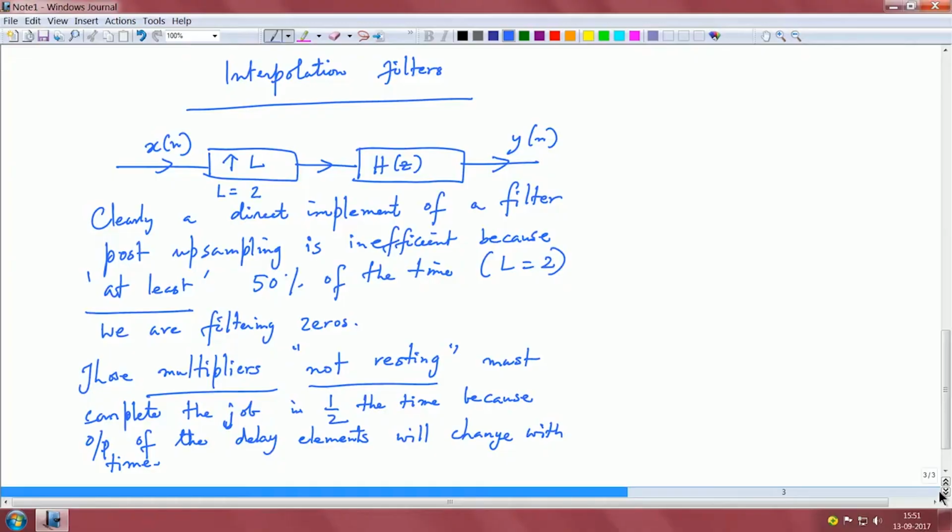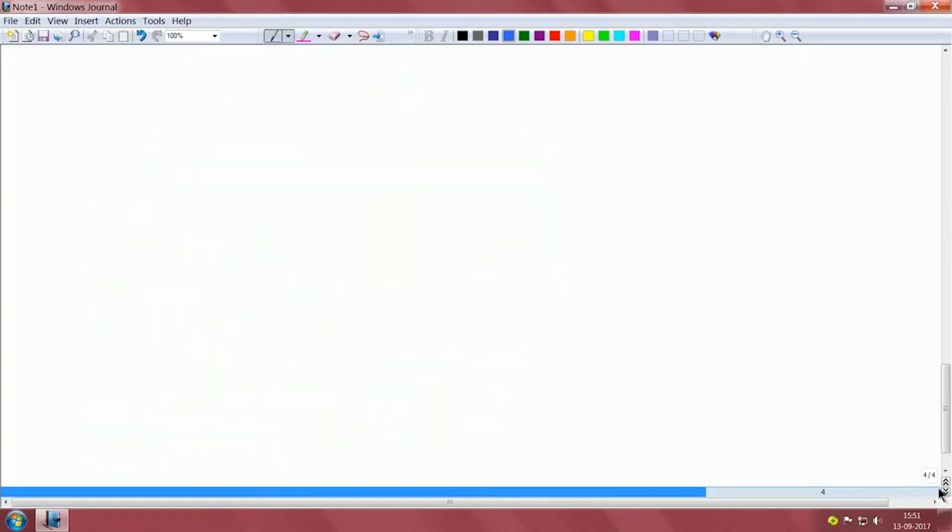So now fortunately we can think about an efficient implementation for this, and that is through type 2 polyphase decomposition of the filter, and then application of Noble identities. So we will see how this works.